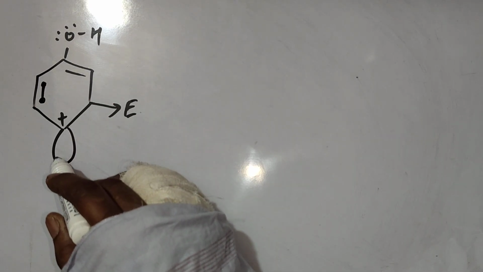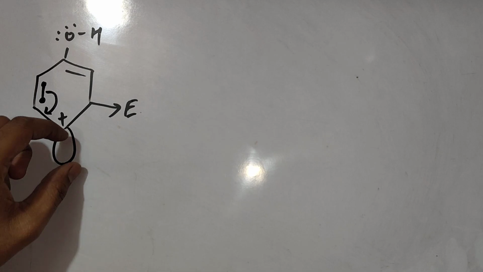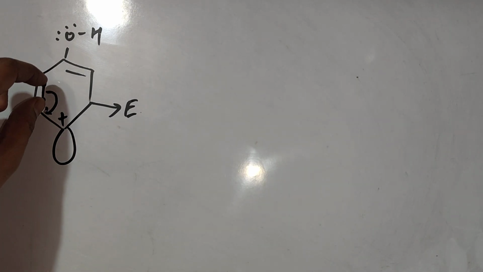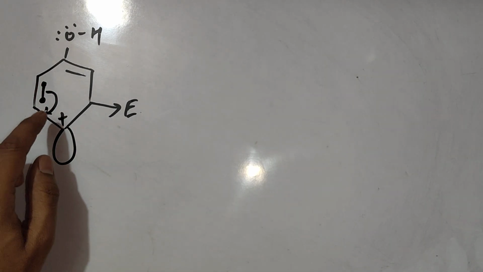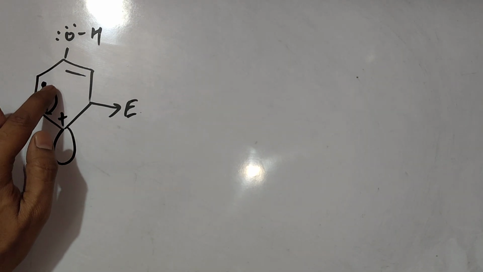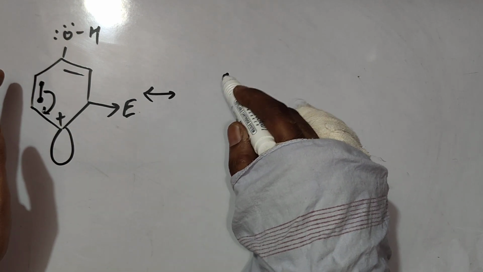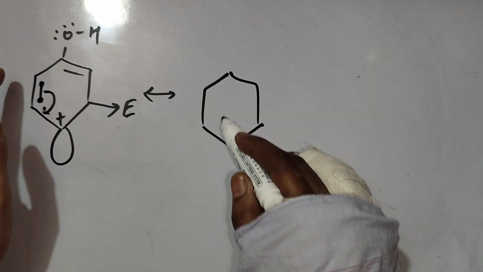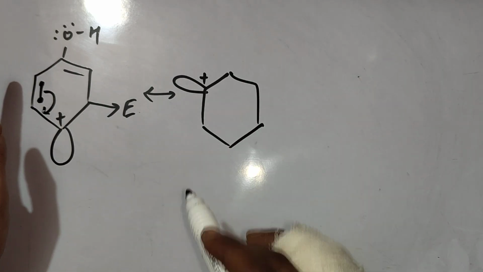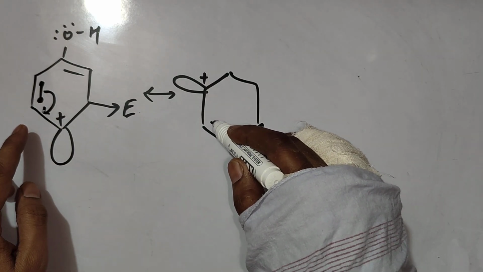So first option, definitely to finish this vacant orbital, you will move pi electrons like this. This is a vacant orbital, and if these pi electrons come like this, a bond will generate here, and this carbon will lose its electron. You can check, this electron was of this carbon. After loss of this electron, the positive charge will come over this carbon, and a bond will generate here.